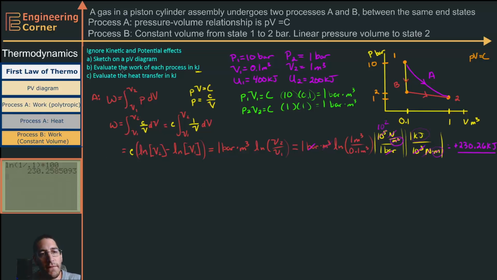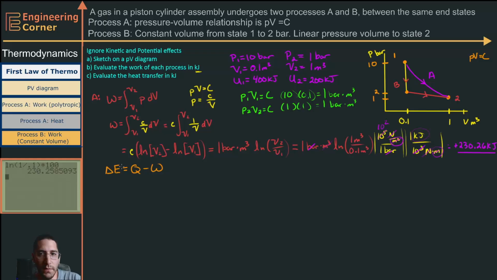And we want to evaluate the heat transfer of part A. Well, we don't necessarily have an equation that we can just solve for Q like we could for work, but we can use the first law of thermodynamics. That says that the change in my energy is going to be equal to Q minus the work.